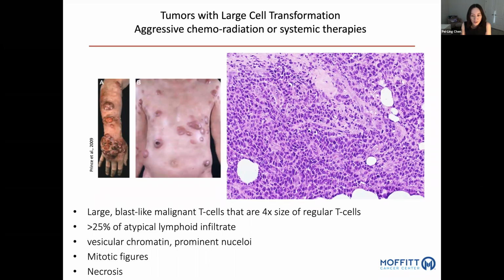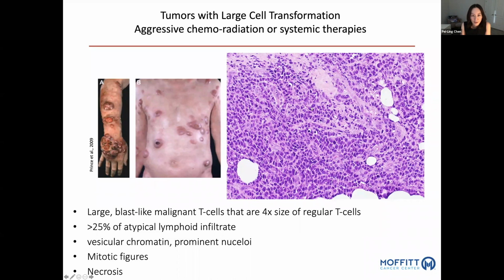In tumor lesions, sometimes we see what we call large cell transformation, which is a very aggressive form of cutaneous T-cell lymphoma. It more frequently happens in tumor lesions, not patch plaque. We can see it in patch plaque lesions, but it's more commonly associated with tumor lesions. So here again, we have a pandermal malignant T-cell infiltrate on histology.